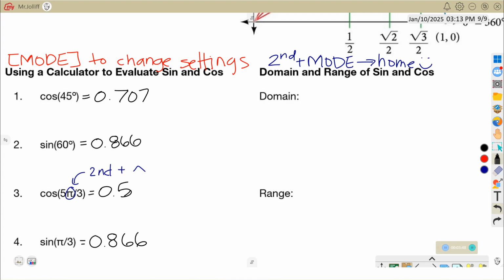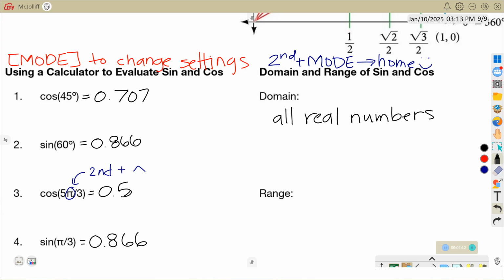Sine and cosine take all real numbers as their domain. But they don't output all real numbers.